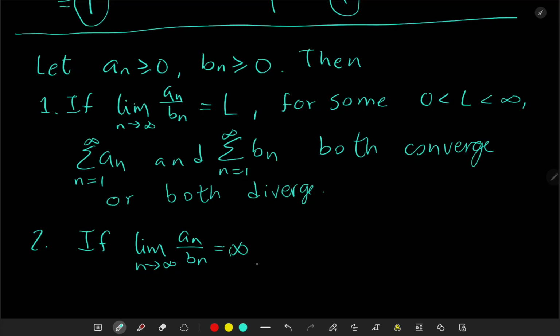What that's telling you is that the series of the an's is growing at a faster rate than the bn's. So if this goes to infinity, and this one is growing faster than this one, and if the bn's diverge, then the an's also diverge.